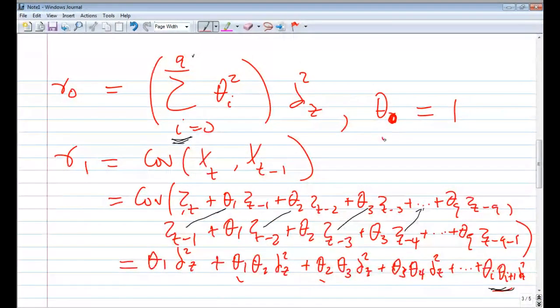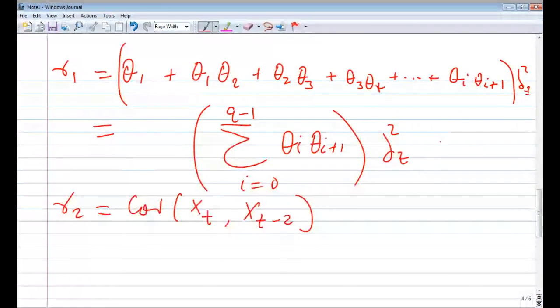As long as you have defined it here, it's going to apply in all other steps that are coming. But even if you define it again and say theta 0 equal to 1, there is no harm. I didn't write it here because we've already defined it up there.